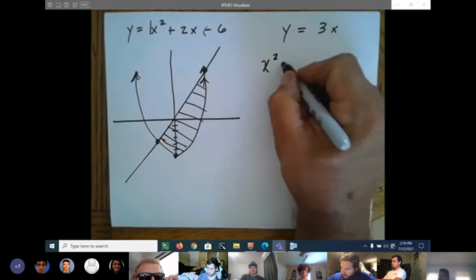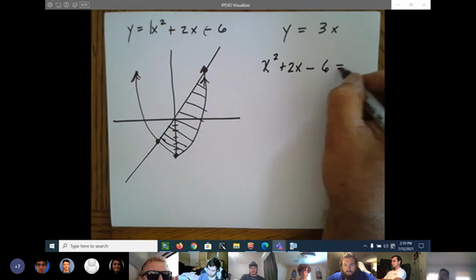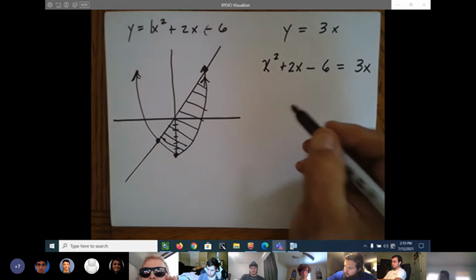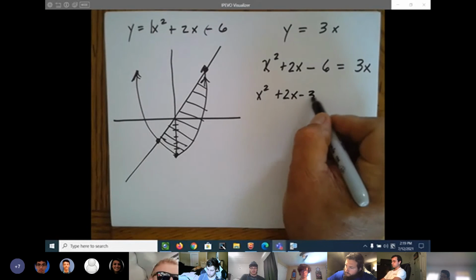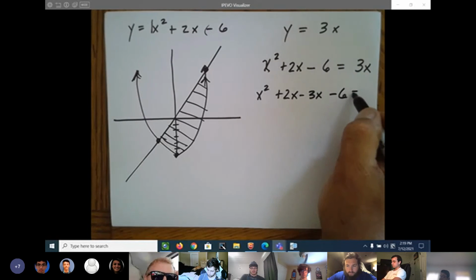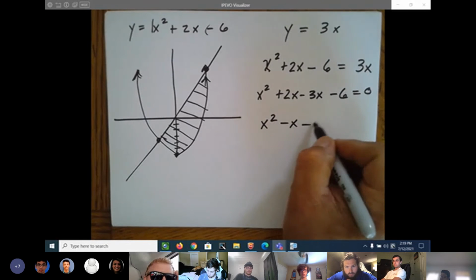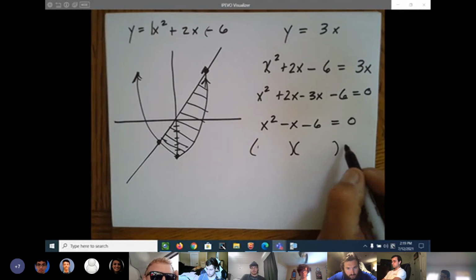x squared plus 2x minus 6 is equal to 3x. x squared plus 2x minus 3x minus 6 is equal to 0. x squared minus x minus 6 is equal to 0. Reverse FOIL.